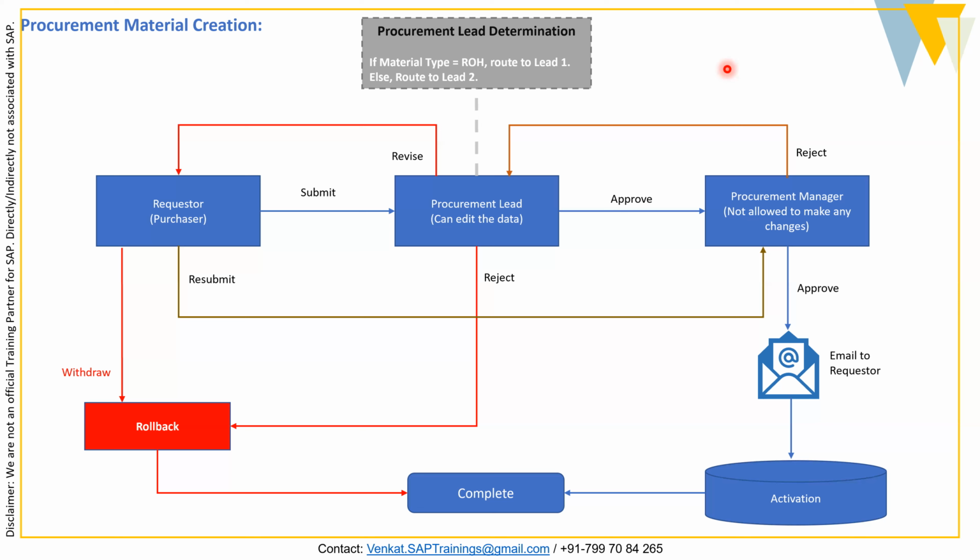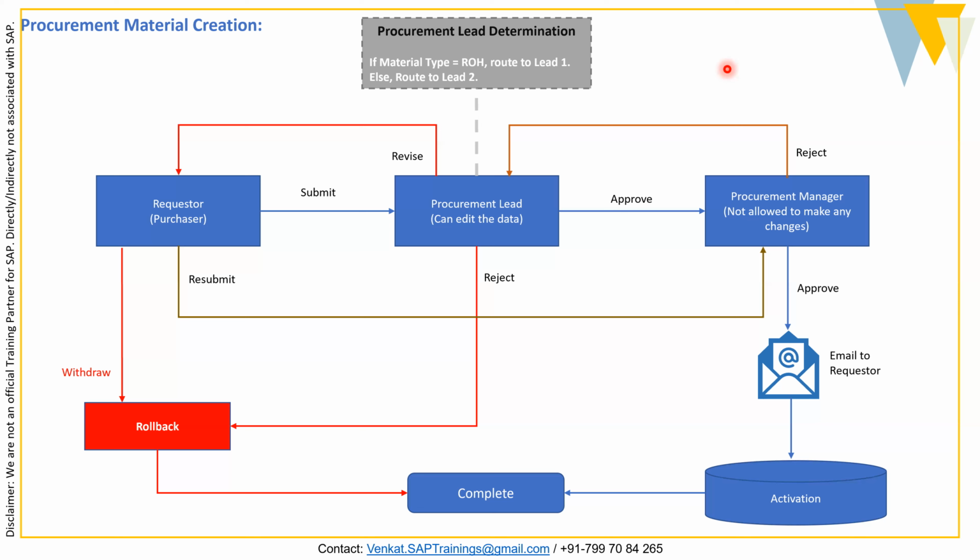The moment the procurement lead approves, it will go to the procurement manager. If the procurement manager approves, they will go for activation and will set up a value for the email notification to the business user. If they reject, they will go to the procurement lead, the first one.